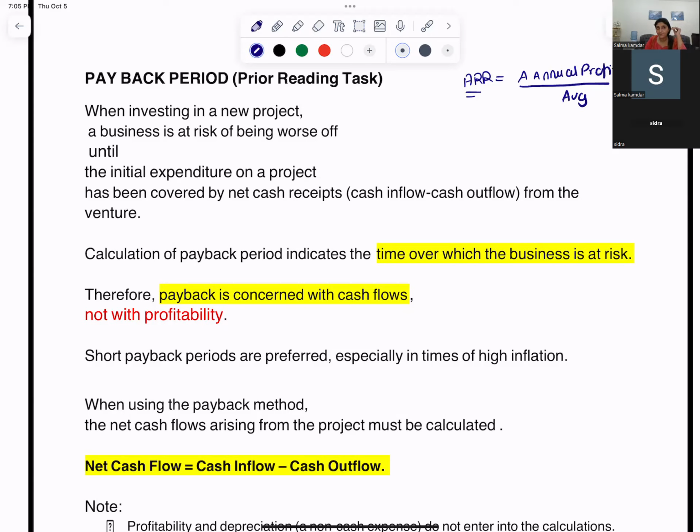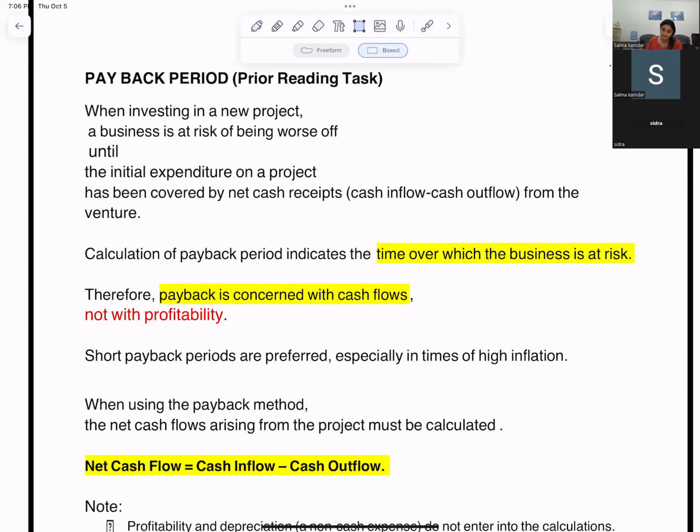Okay. But when you are doing an investment, are you more interested in the profitability, or are you interested to know whether the money that you have invested is going to come back? What are you more interested to know?